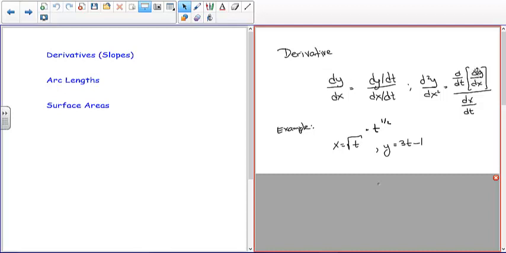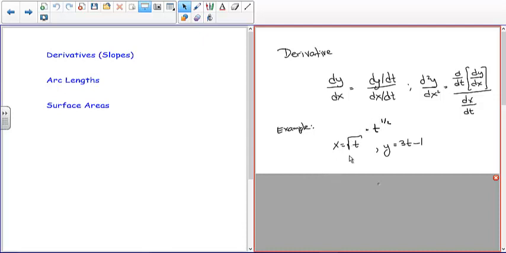Then you divide by dx/dt, which you've already done here anyway. So we'll have this part from here, and then we just take the derivative again. That's how you get the second derivative.